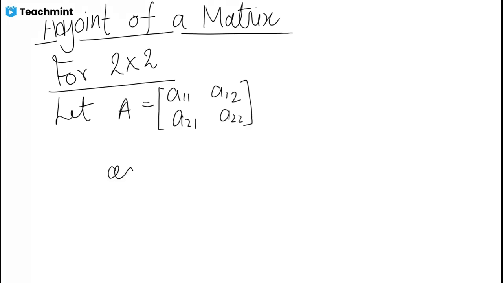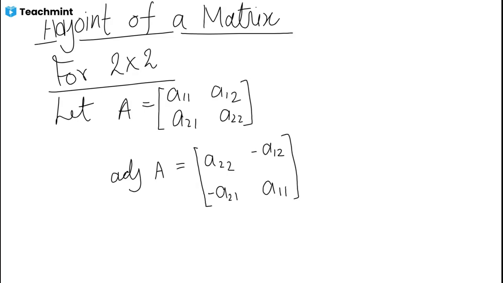So the adjoint of matrix A is equal to: we just exchange these elements and take the opposite sign of the other elements to find the adjoint of A. That is, A22 and A11, minus A21 and minus A12. This is the adjoint of a 2 by 2 matrix.